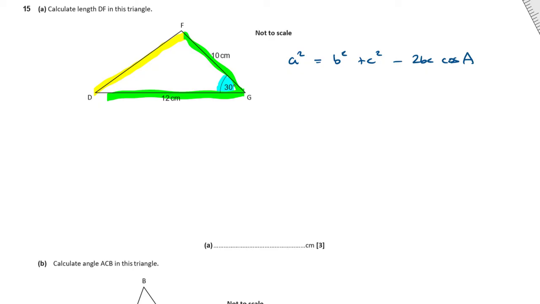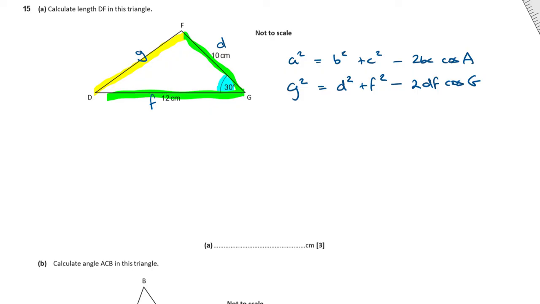So if f is up there, look, then this is side f down here. If that's d there, then this is side d, and that's going to be angle g, and this is side g that we're trying to find. So actually we're trying to find g squared is equal to d squared plus f squared minus 2df cos g. Okay, just following the same pattern as the one we've got above.